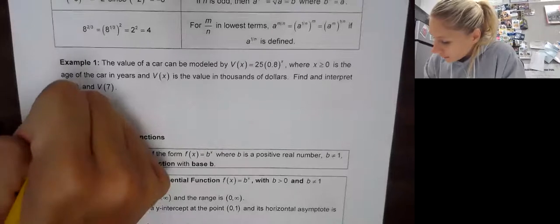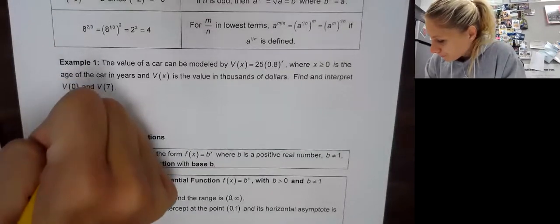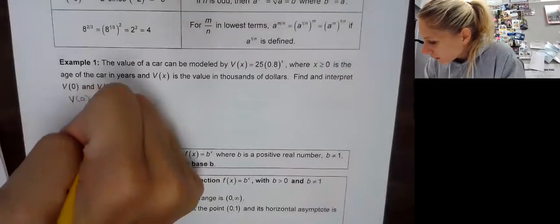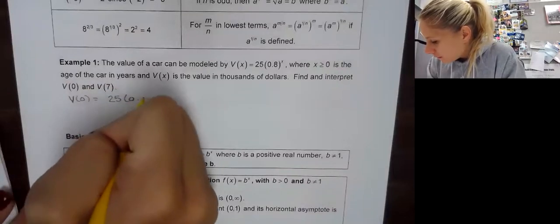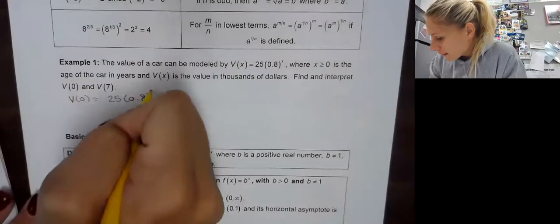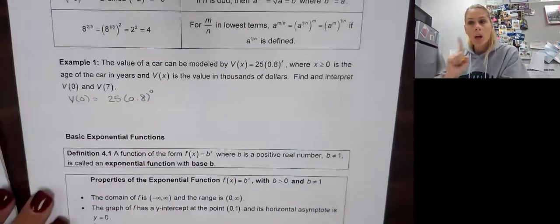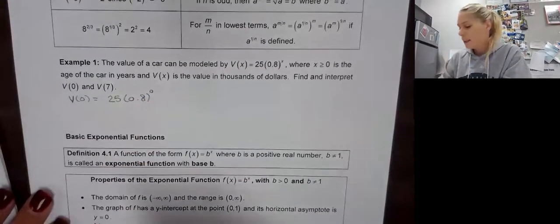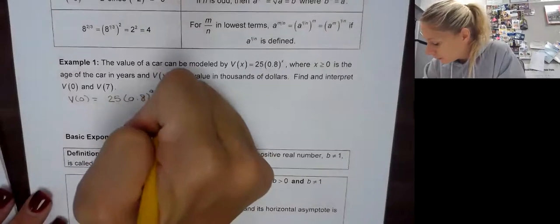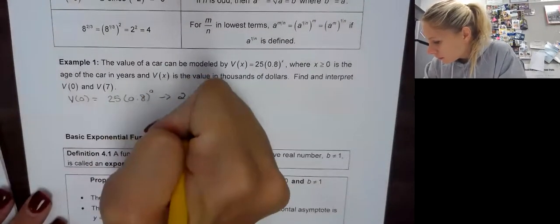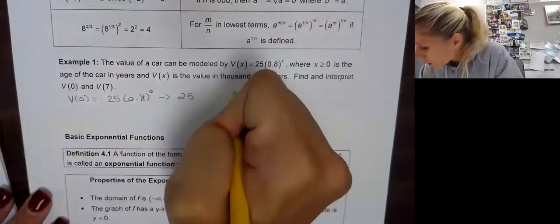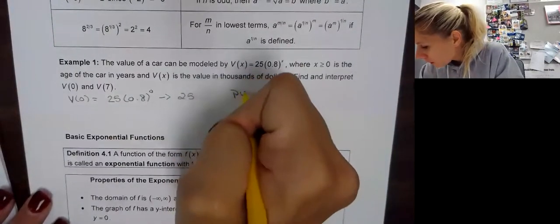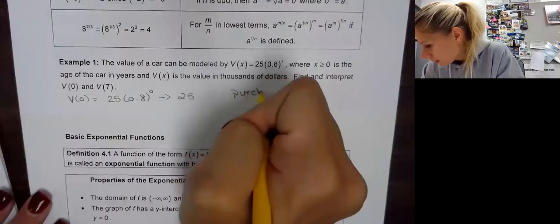So v of 0 says we plug in 0 for x. Now anything to the 0 is always 1. 1 times 25 is 25. Now, what does that mean? Well, that means at the purchase, right? Because you purchase the car at 0 years.